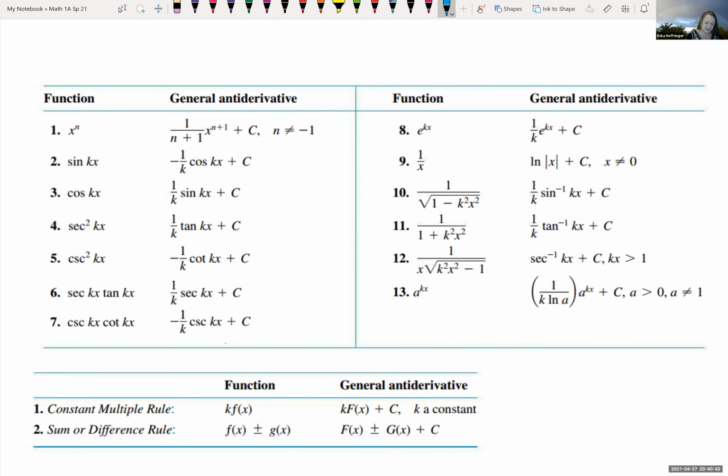So we had discussed number 1 in here. If our function is x to the n, if we take the antiderivative, we're going to add 1 to our exponent. We're going to divide by our new exponent, and we add some constant c. So I did not give you the stipulation that n can't be -1.